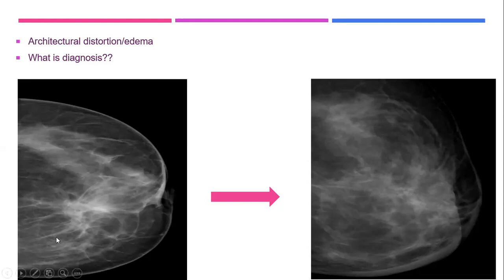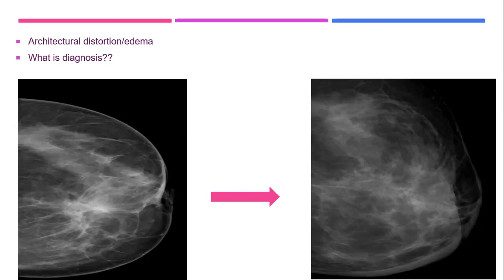Previously it demonstrated architectural distortion due to post-operative change only, and on interval the patient developed breast edema with more distortion and increased density, trabeculation, and skin thickening. So it will be suspicious for disease progression.